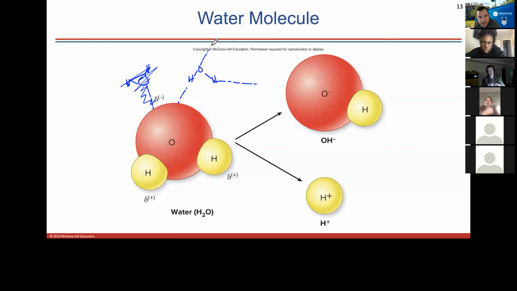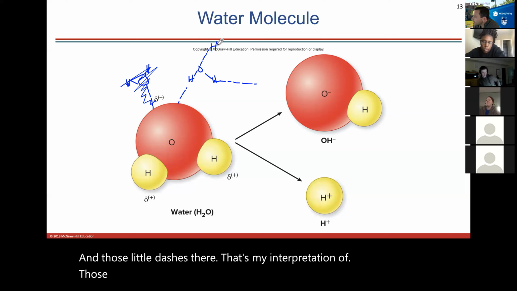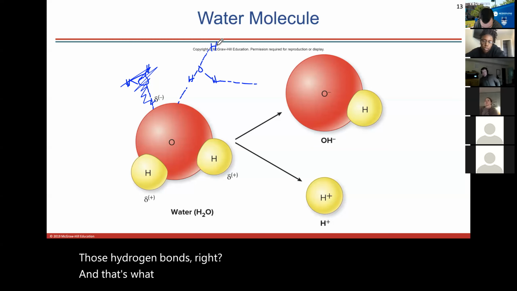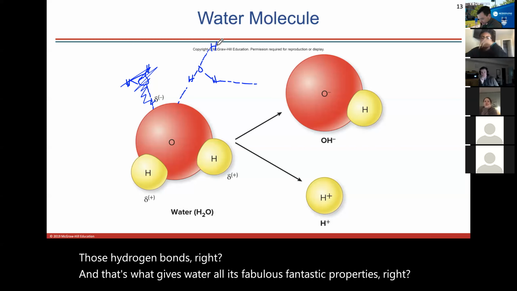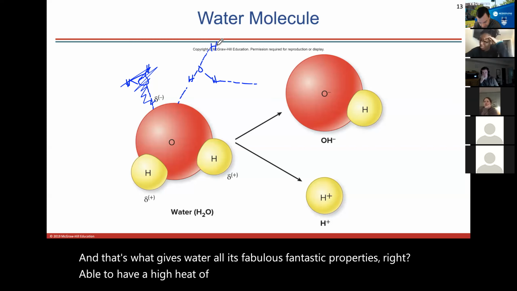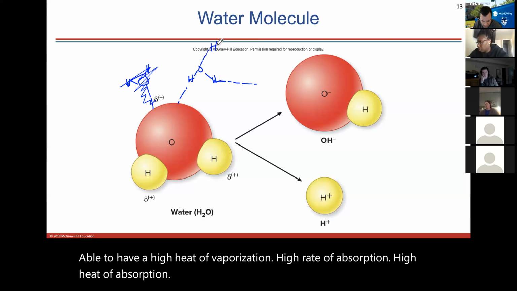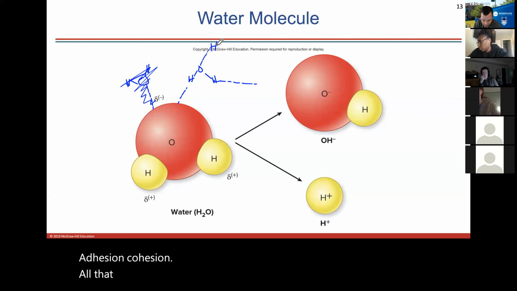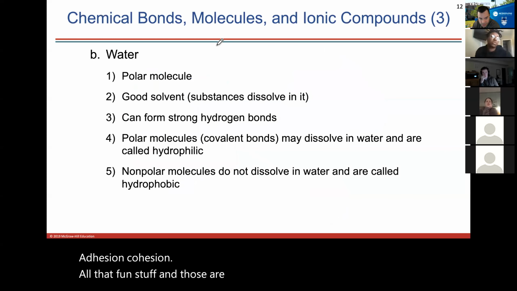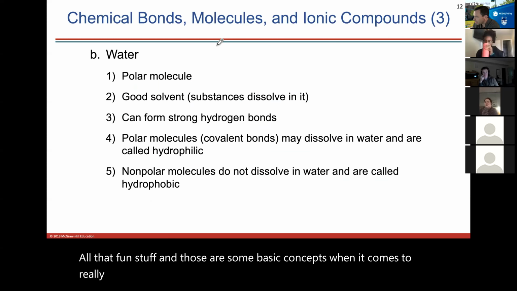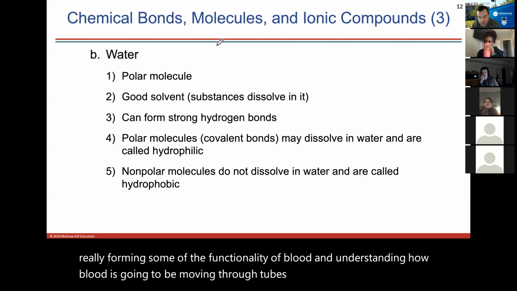And those little dashes there, that's my interpretation of those hydrogen bonds, right? And that's what gives water all its fabulous, fantastic properties, right? Able to have a high heat of vaporization, high heat of absorption, adhesion, cohesion, all that fun stuff. And those are some basic concepts when it comes to really forming some of the functionality of blood and understanding how blood is going to be moving through tubes and whatnot, as we talk about later on in the semester after break.